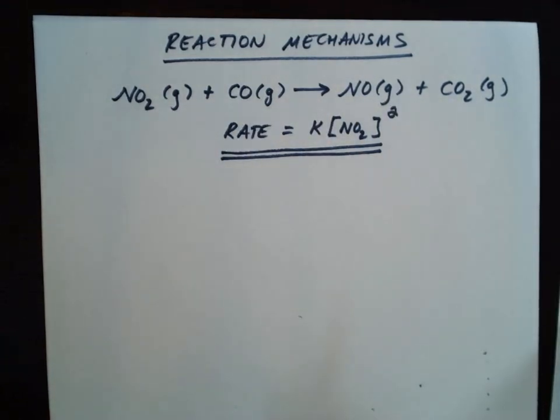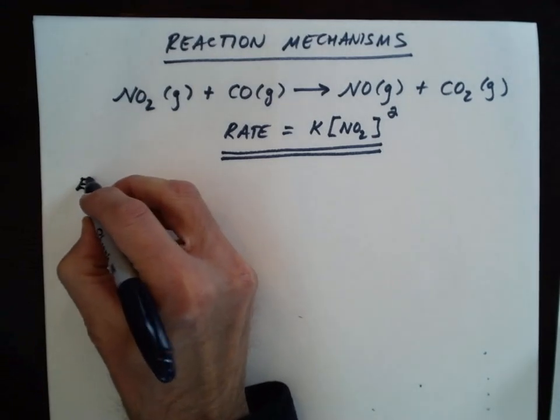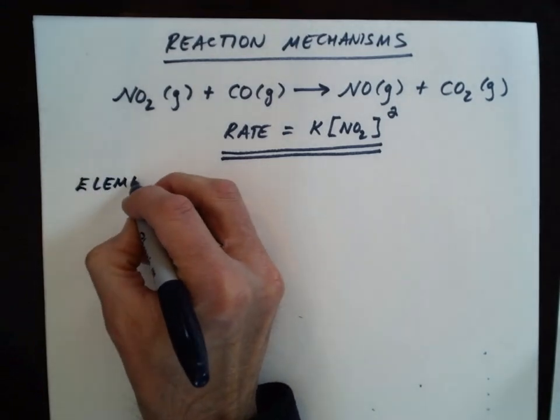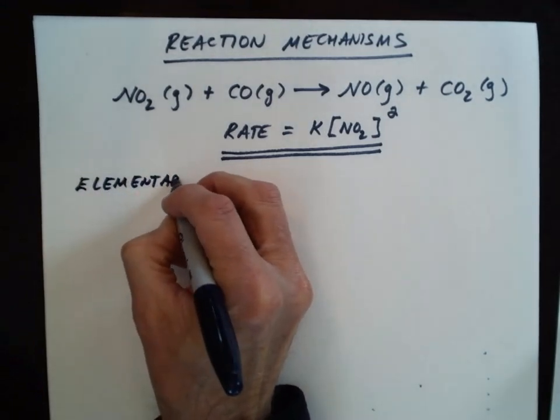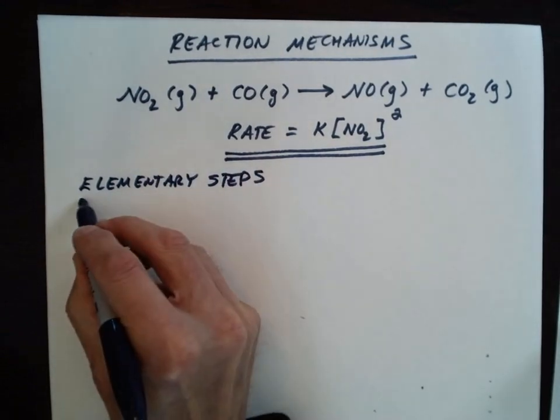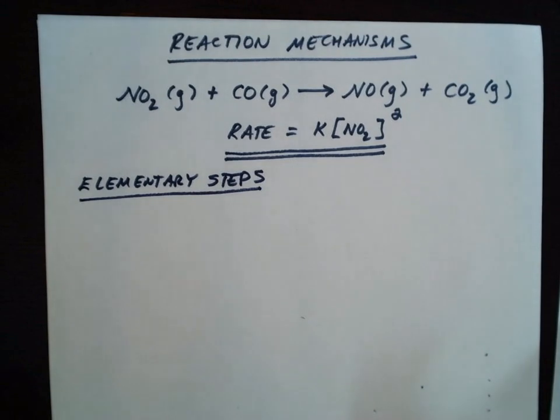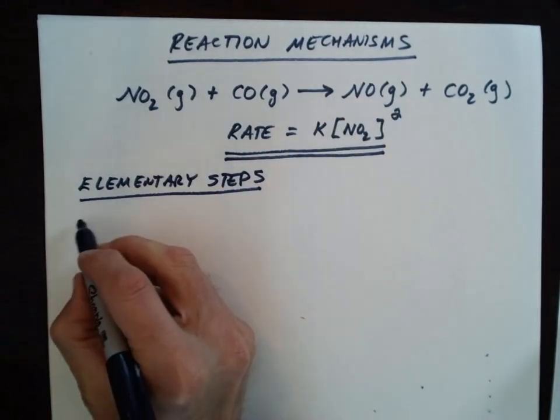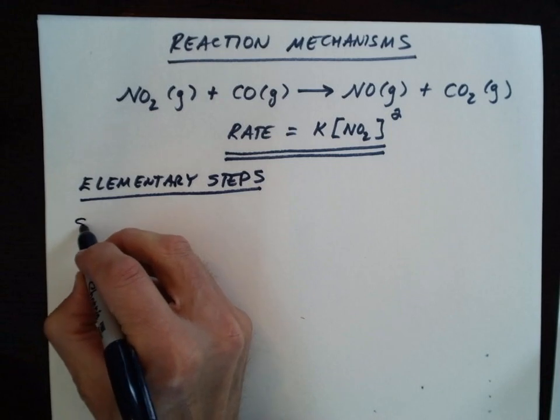Well, what we do is we assume that there are certain what we call elementary steps that are occurring. Elementary steps are actual chemical events that occur. So, for example, in this reaction we'll say this occurs in two elementary steps.